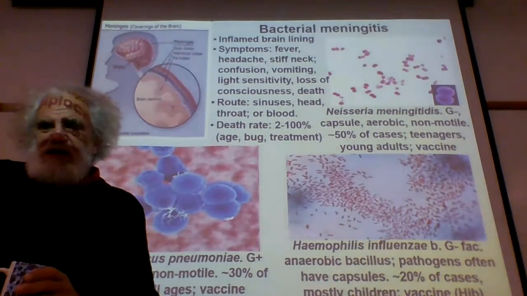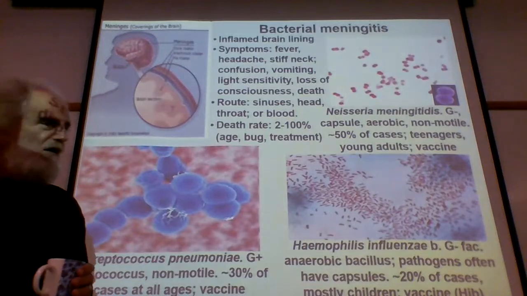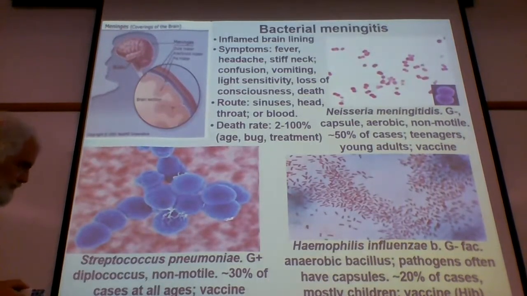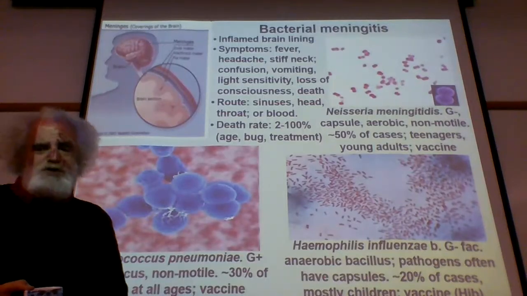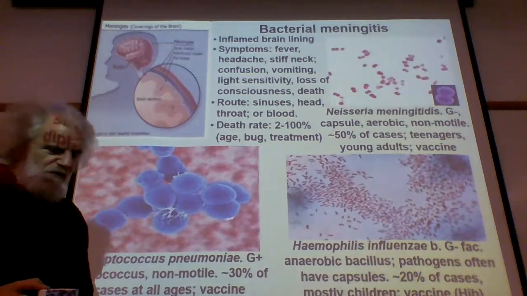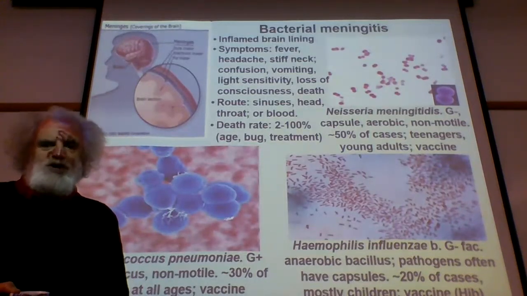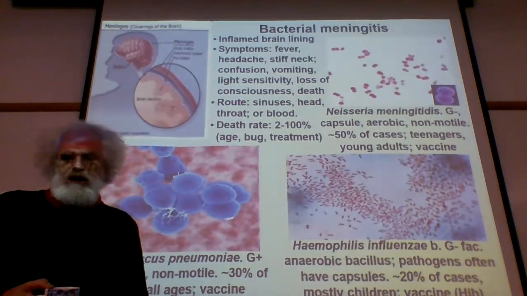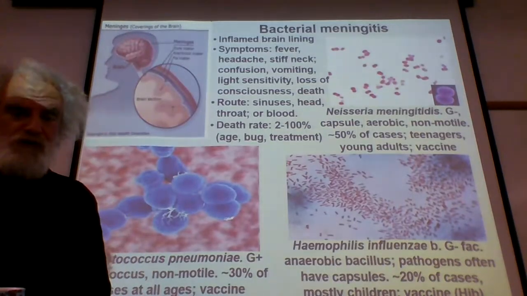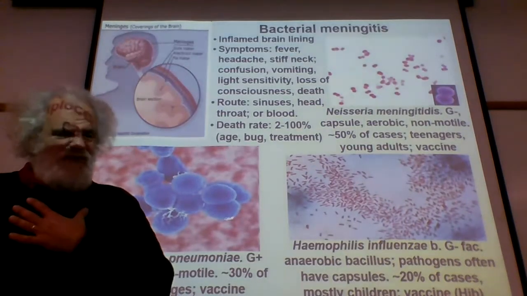Other bacteria that can get in through the upper respiratory tract include Streptococcus pneumoniae. When people talk about having pneumonia, they're describing the condition in the lungs. The causative agent is often strep pneumoniae. Also, you can get what's known as viral pneumonia, which is a virus that is affecting the lungs.